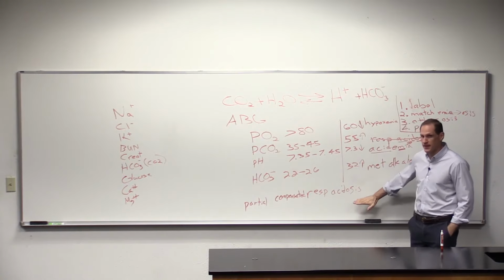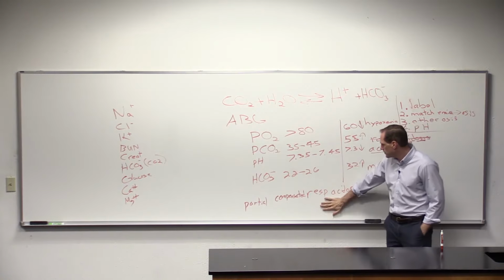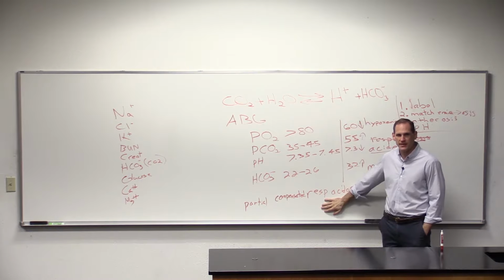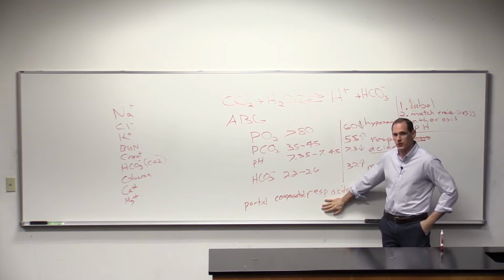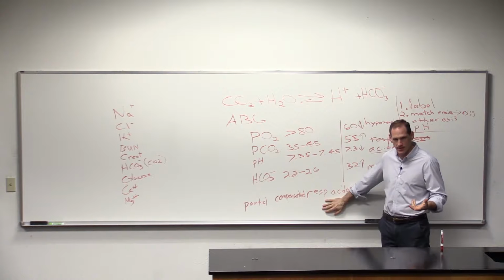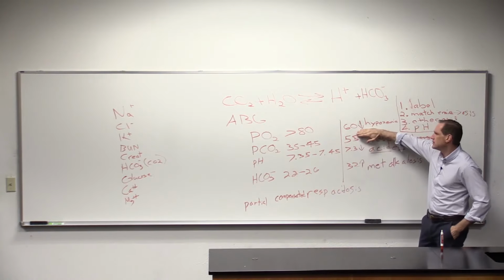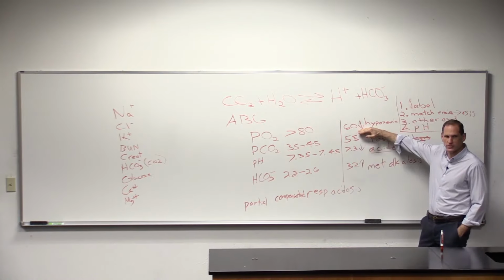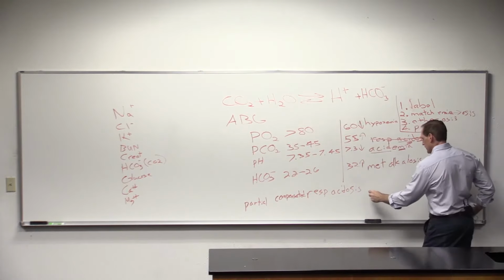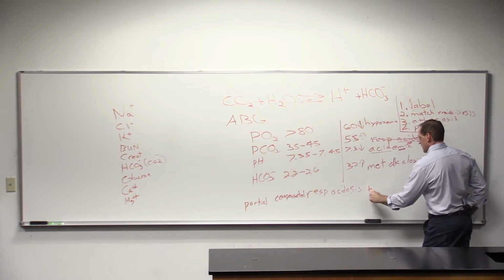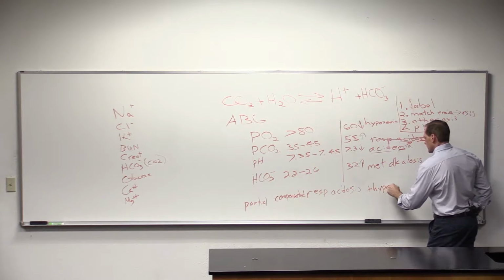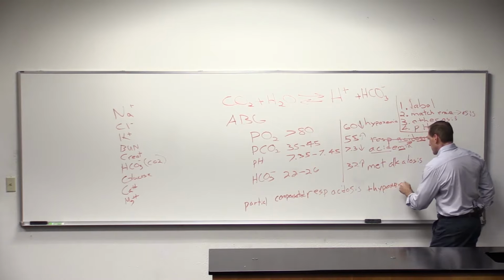Okay, so what this is telling us now is that the primary problem is that we are not breathing enough. Therefore, our body is retaining carbon dioxide and not obtaining enough oxygen. I guess we should also put that down here. And hypoxemia. So what's the primary problem?